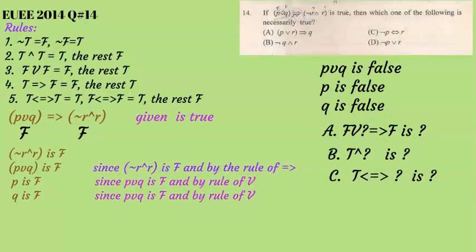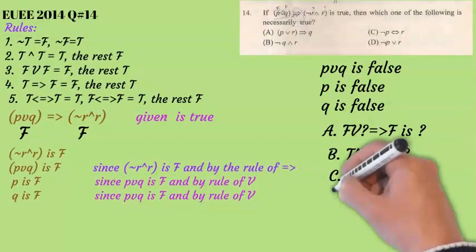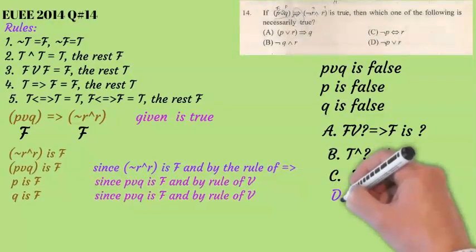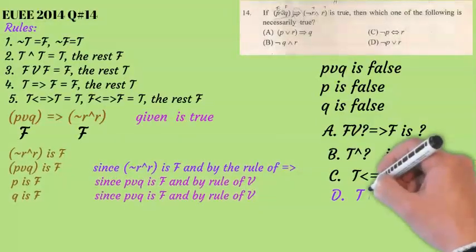True implies false is false. So we don't know what the resulting statement is from this T and unknown, because R is unknown. For C, T implies question mark. Still, we don't know what R is. So it is very hard to determine whether it is a true or false statement.